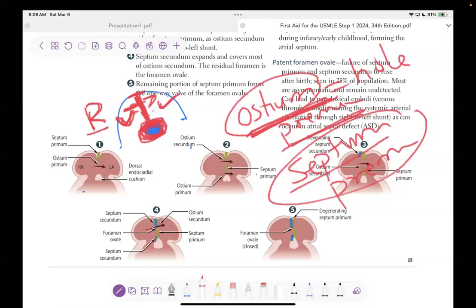So now that the septum primum is made, the heart says there should be a connection, a small connection. I didn't mean to close it. I just wanted to have a septum, but there should be something in between. And here this part of the septum starts to regress.